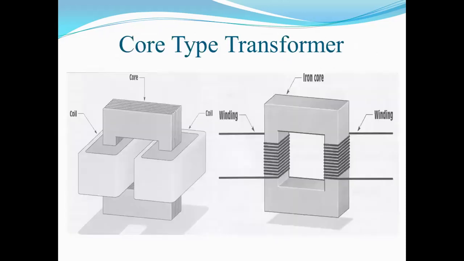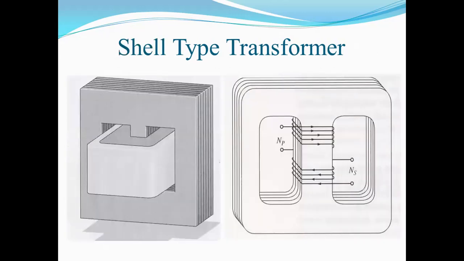So this is the core type transformer construction. Winding, iron core, coils. Shell type transformer. This is the construction of shell type transformer.